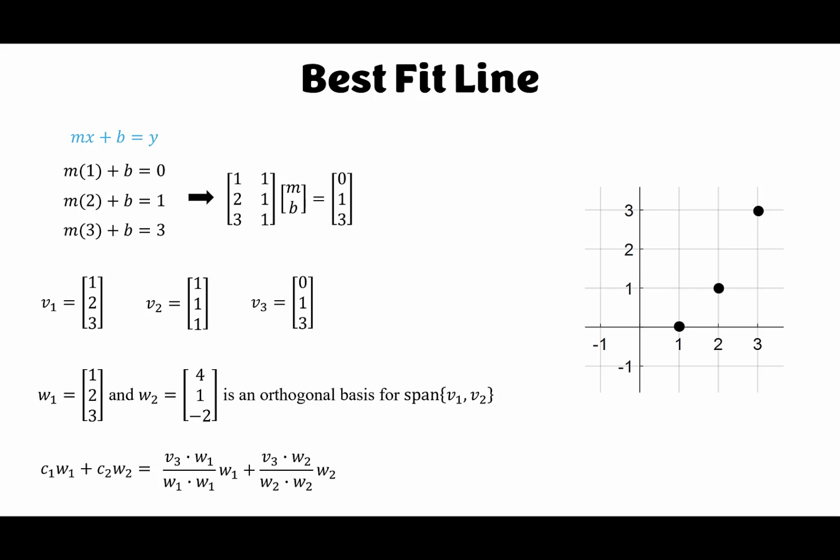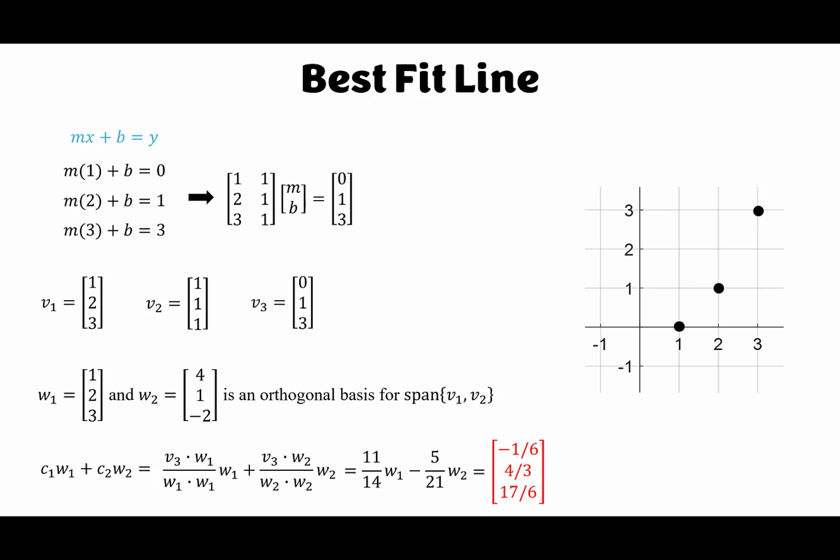That gets us closest to our vector V3 in this case. So you can perform those dot products. The first ratio is 11/14, and the second ratio is negative 5 divided by 21. And if you scale and subtract those two vectors, you'd get the vector negative 1/6, 4/3, 17/6.